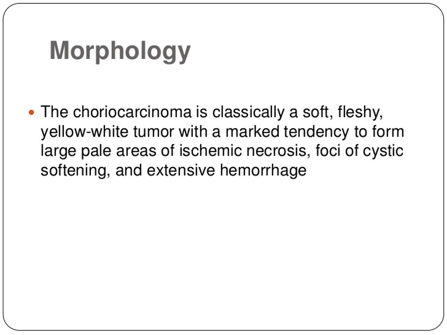Morphologically, the choriocarcinoma is characterized grossly as a soft, fleshy, yellow-white tumor that has a tendency to form large pale areas of ischemic necrosis, extensive hemorrhage, or cystic foci of softening.